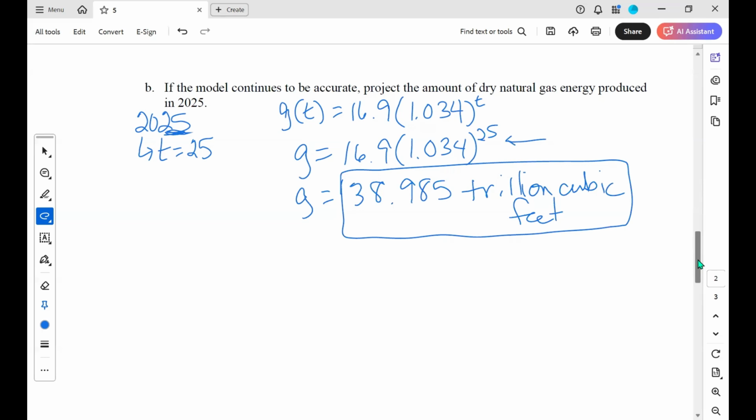Be sure that you show me this part, 16.9 times 1.034 raised to the 25th power. Show me what you are plugging into your calculator before you just give me the answer. If I don't see any work, then I could mark things wrong. So I want to make sure that I see your work on your test. No work, no credit.